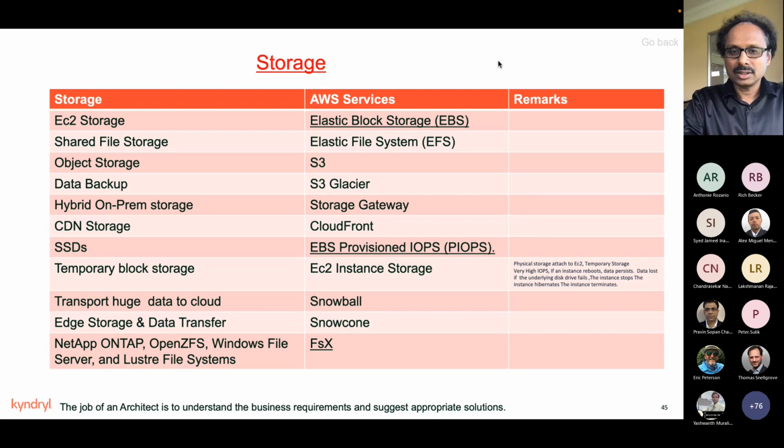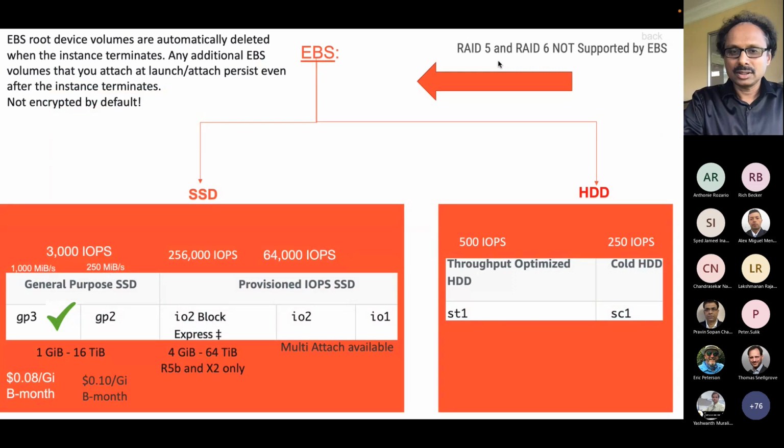So it's very important that we get familiar with what kind of storage options we propose for our customers. In my point of view, as an architect, our job is to ensure that we provide a solution that suits the customer to meet their business needs and also their non-functional requirements.